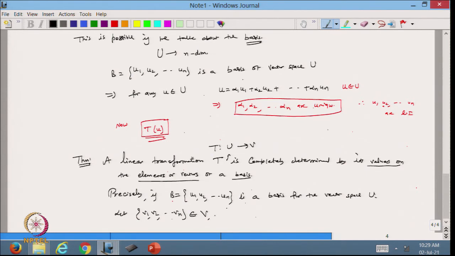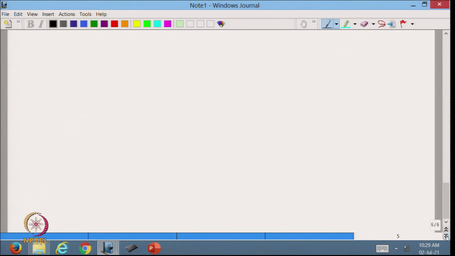Then there exists a unique linear transformation T from U to V such that T of ui is equal to vi, and this is true for all i equal to 1, 2, 3, up to n.